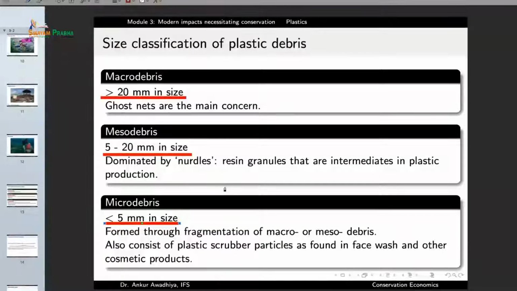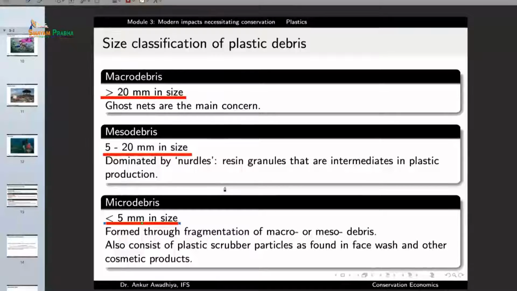So the macro debris and the meso debris will break into smaller particles and ultimately they will form the micro debris. But micro debris also comprise of certain small particles that are manufactured that way, less than 5 millimeters in size, for use in cosmetics.